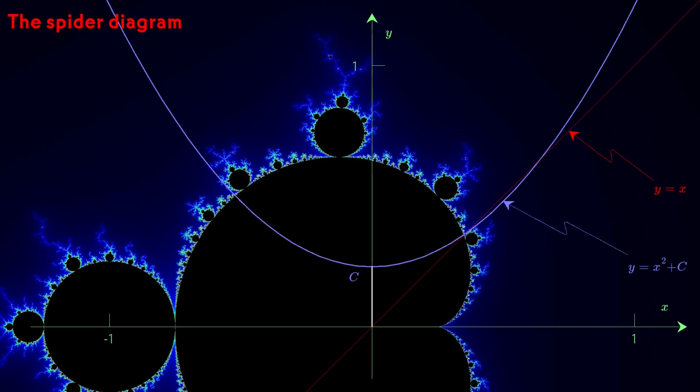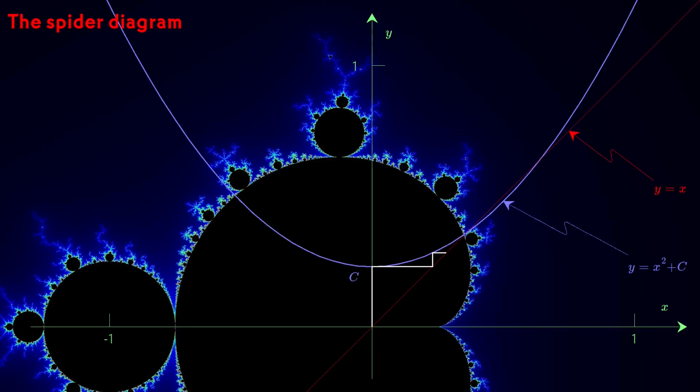As the first step, we plot the initial value of x and draw a vertical line connecting it to the corresponding value of y. Since the initial value of x is 0, this line lies on the y-axis. The next step is to set the new value of x to the current value of y. We can do this by drawing a horizontal line over to the line y equals x.